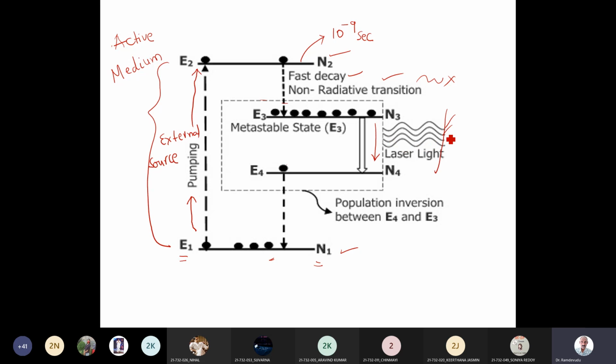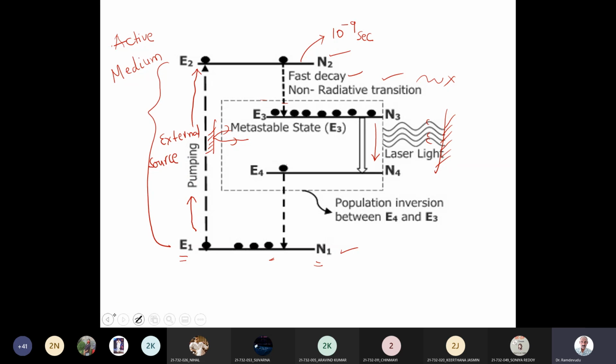Therefore, here I keep a mirror. Initially only one photon is moving, and it comes here. I put another mirror here, and it gets back. So we will get lasing action.